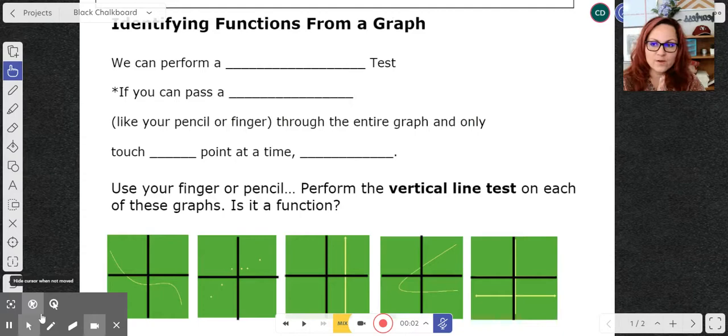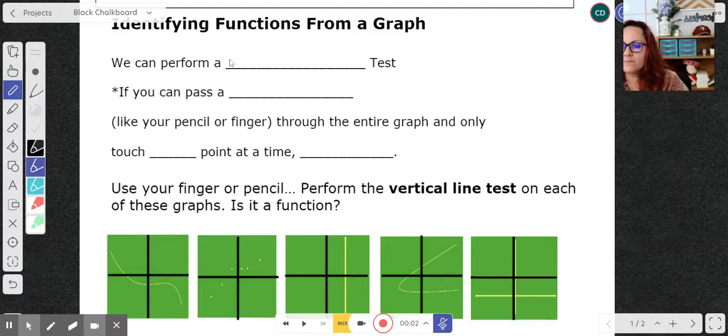Okay, last one, guys. We're going to identify functions from a graph. And so what we're going to perform is what they call a vertical line test. Let me go ahead and write that in. Vertical line test. A vertical line is a line that goes up and down.